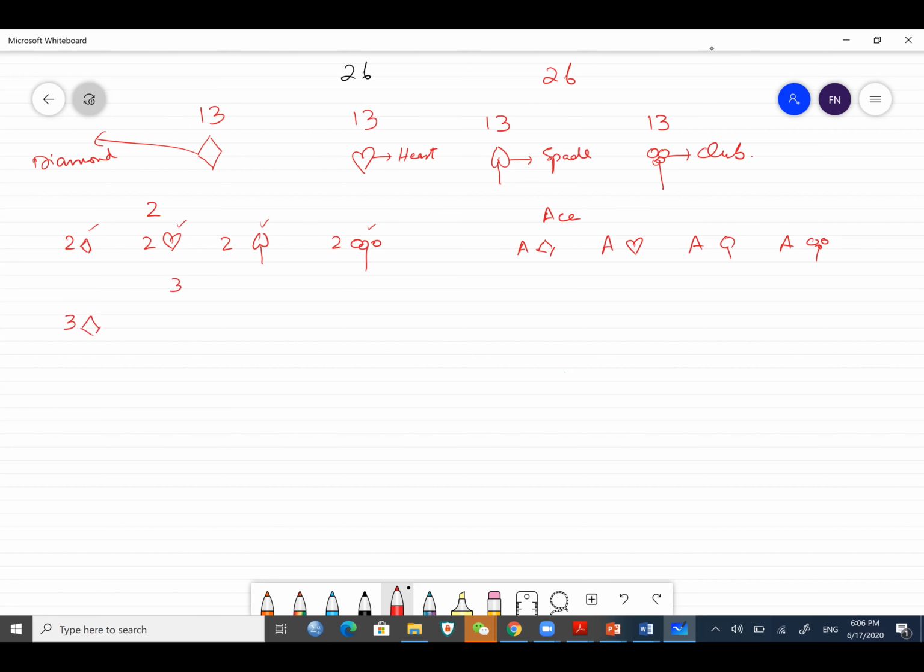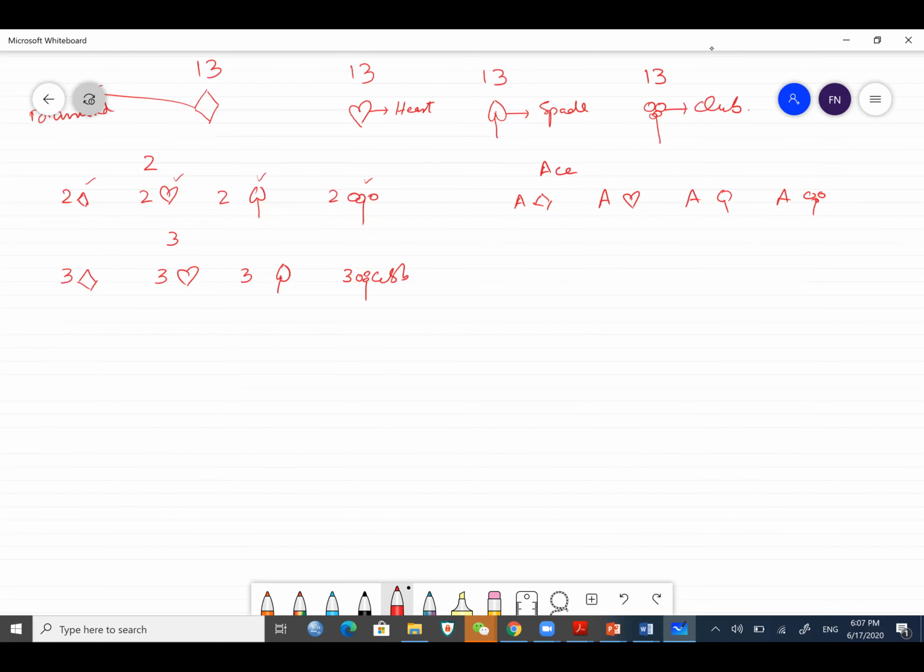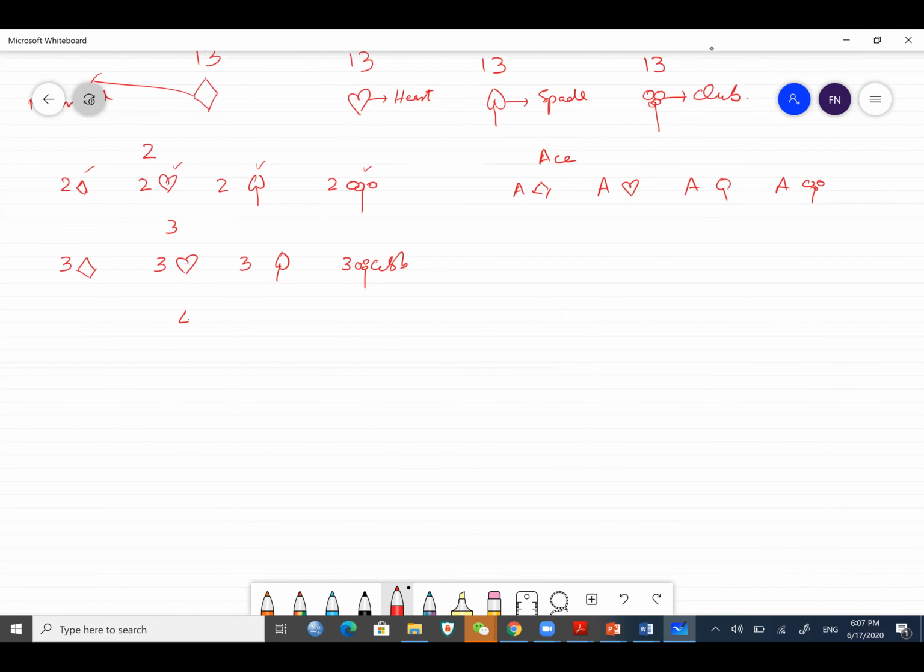So 4 cards for 3: 3 of diamond, 3 of heart, 3 of spade, and 3 of club. Is that clear? So similarly, we have for 4, 5, 6, 7, 8, 9, 10.